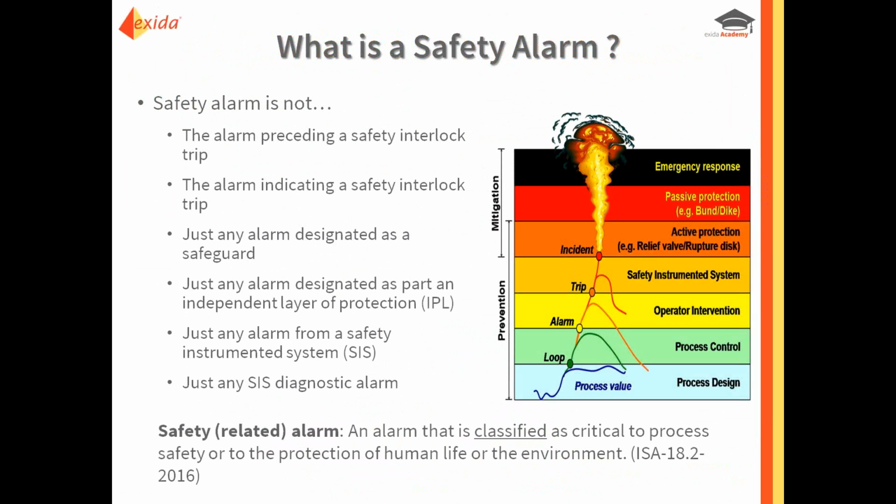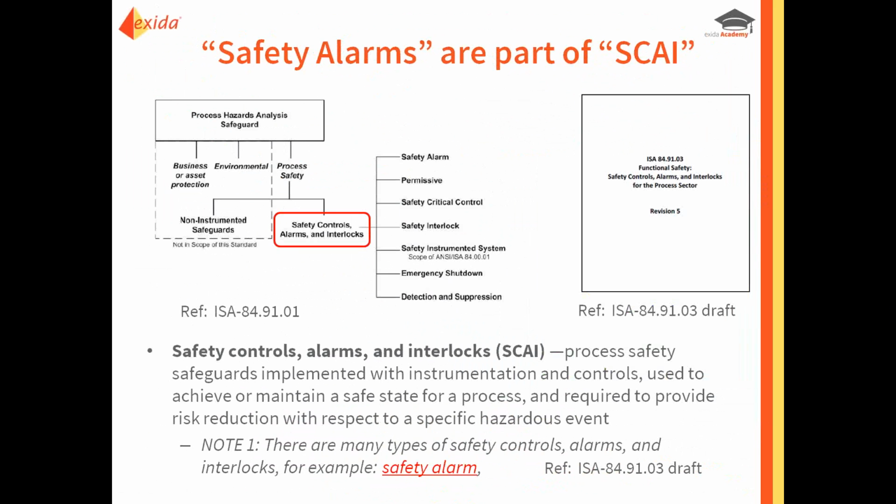Well, a safety alarm or safety-related alarm is an alarm that is classified, there's that word, as critical to process safety or to the protection of human life or the environment. So that's what the ISA standard defines a safety alarm as being. Now there's a developing standard called ISA 84.91.03, which I mentioned earlier, which talks about safety controls, alarms, and interlocks and the requirements that must be met for them.